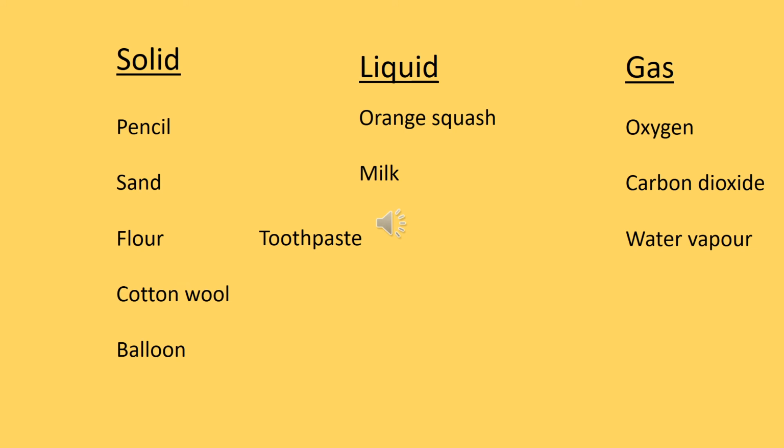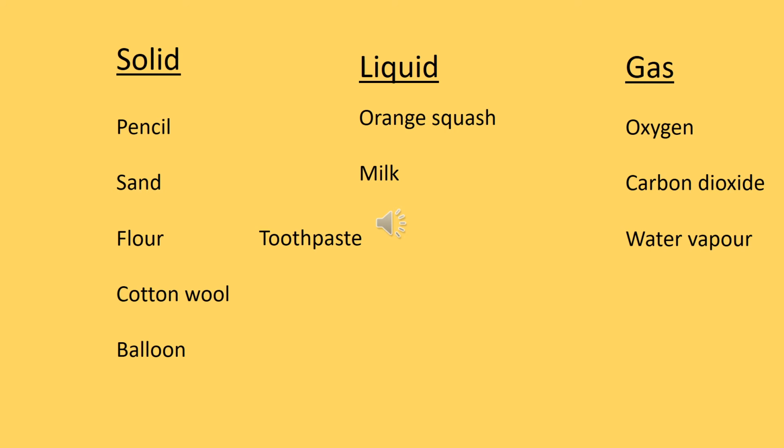Here are the answers. Were you correct? Now I've put toothpaste in between solid and liquid. This was probably one of the ones that was there to test you. Toothpaste is a mixture of liquids and solids because it includes some powders. So lots of scientists argue that it's a mixture between a solid and a liquid.